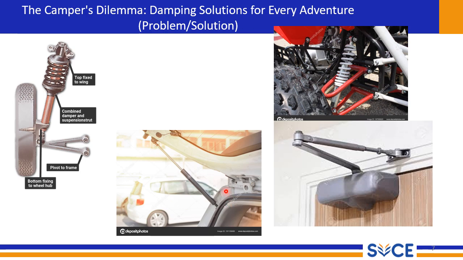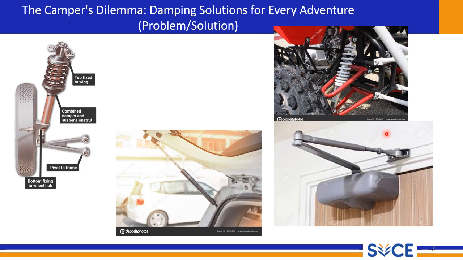They ensure easy access to your gear while preventing uncontrolled slamming and potential damage. They are small details, but they contribute significantly to the overall convenience of your camp. And for a touch of civilized camping, consider something as simple as a door closer. It's another form of damping in action.